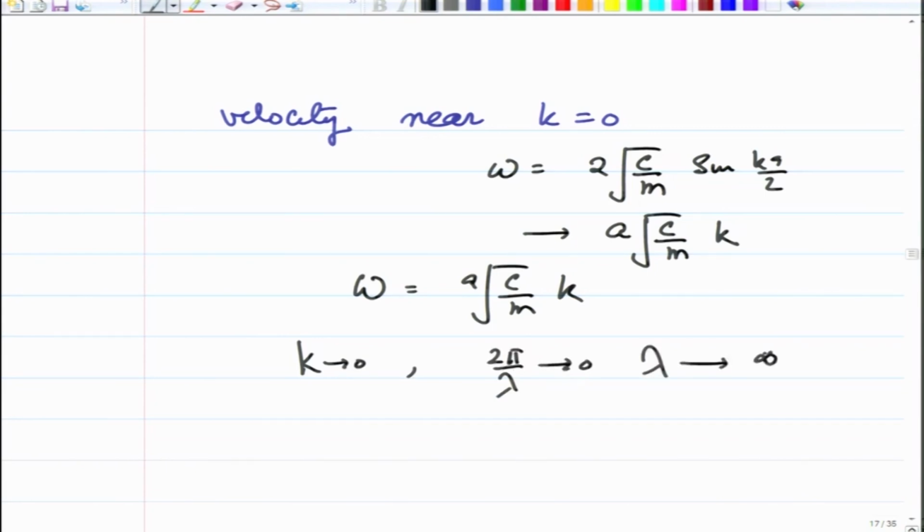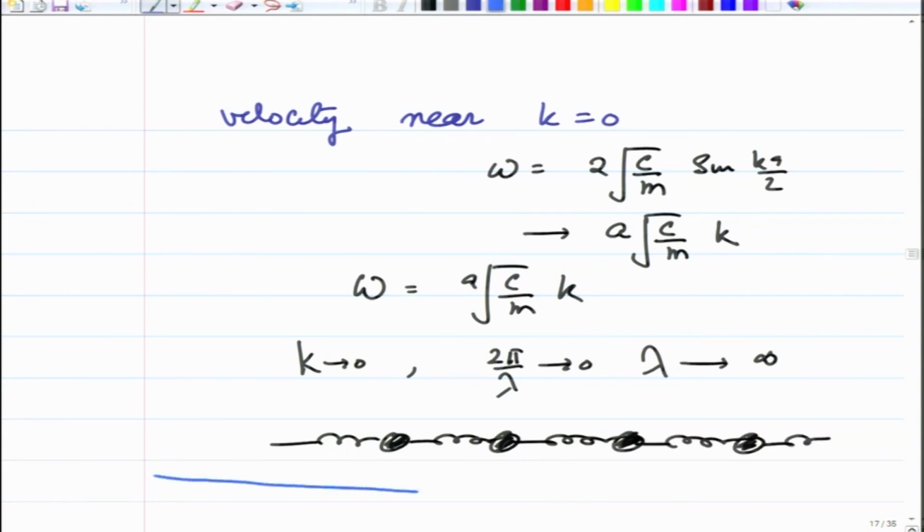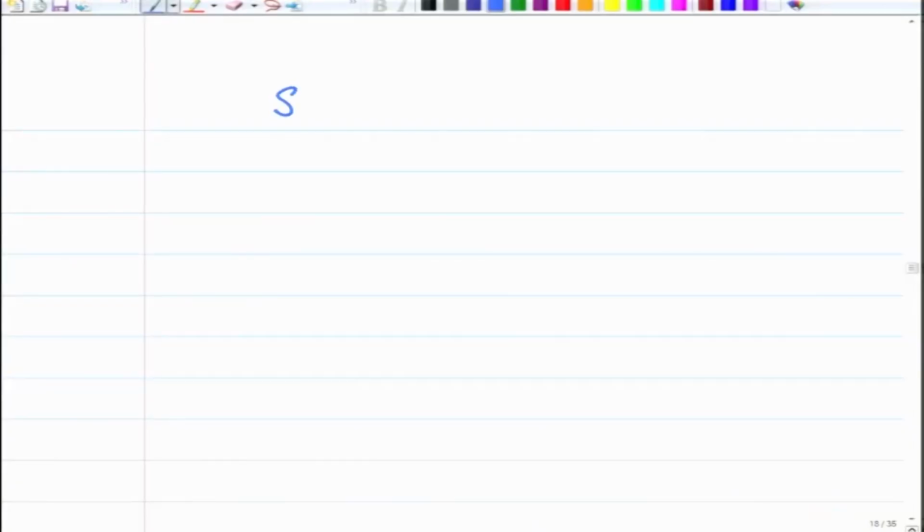What we are talking about is waves with very large wavelength. Pictorially, in this lattice the wavelength we are talking about is really huge, much larger than a. That is what the k equals 0 limit means. And when lambda is much larger than a, it sees this whole medium almost as a continuous medium. Now, let us take some numbers. Let us worry about sound.